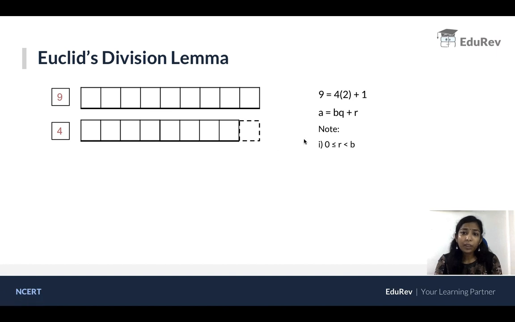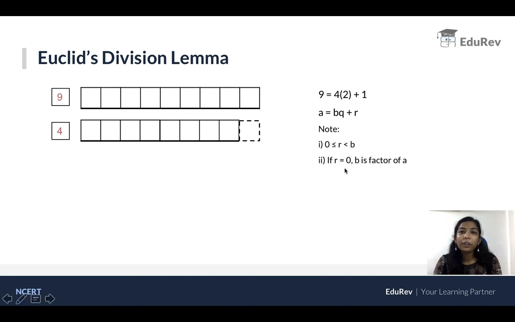Why? Say the R value is 5 here, which is greater than my B, 4. Will that be possible? If I am left with 5 units, what will I do? I'll put another 4-unit block, right? And I'll say only 1 unit is left unmapped. So always remember the R value should be greater than or equal to 0 and less than B. It's a very important condition.